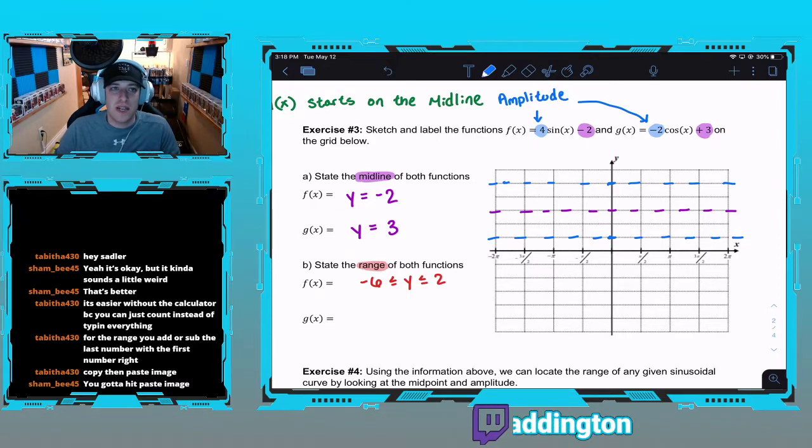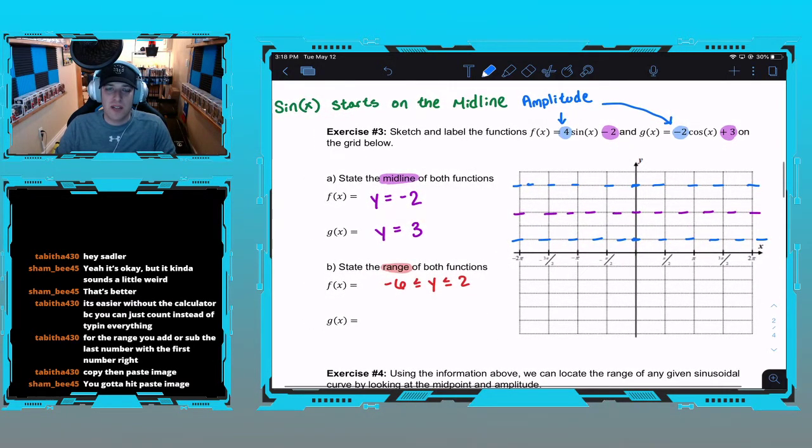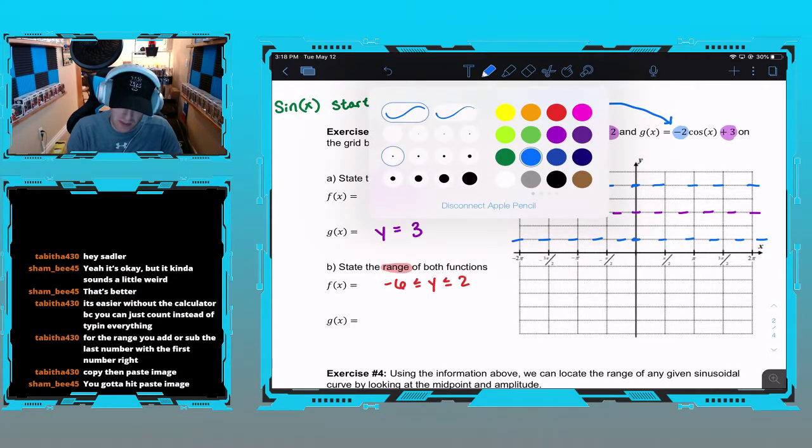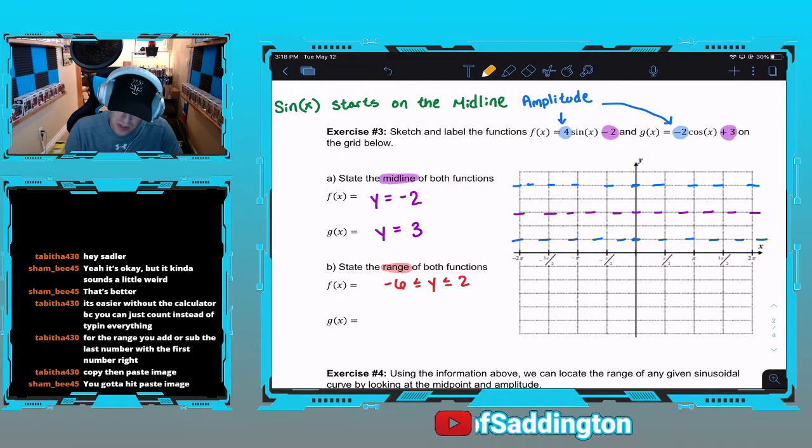Now cosine is a little bit different than sine. Sine starts on the midline. Cosine is just going to be slightly different. I'm going to do this one in orange. Cosine starts based on the leading sign.